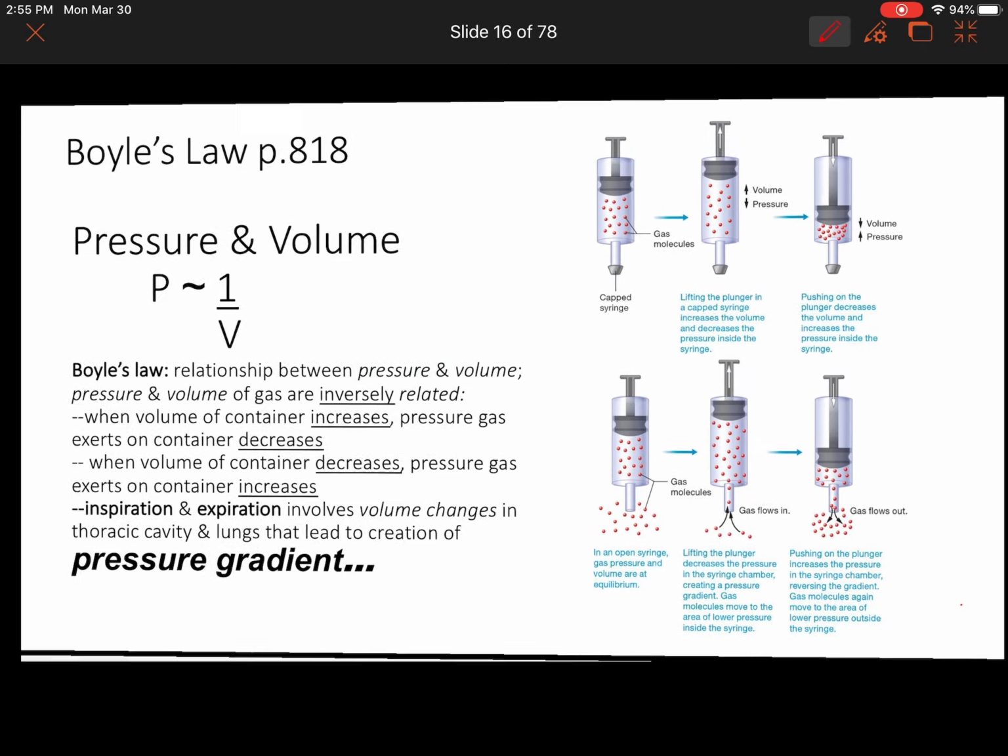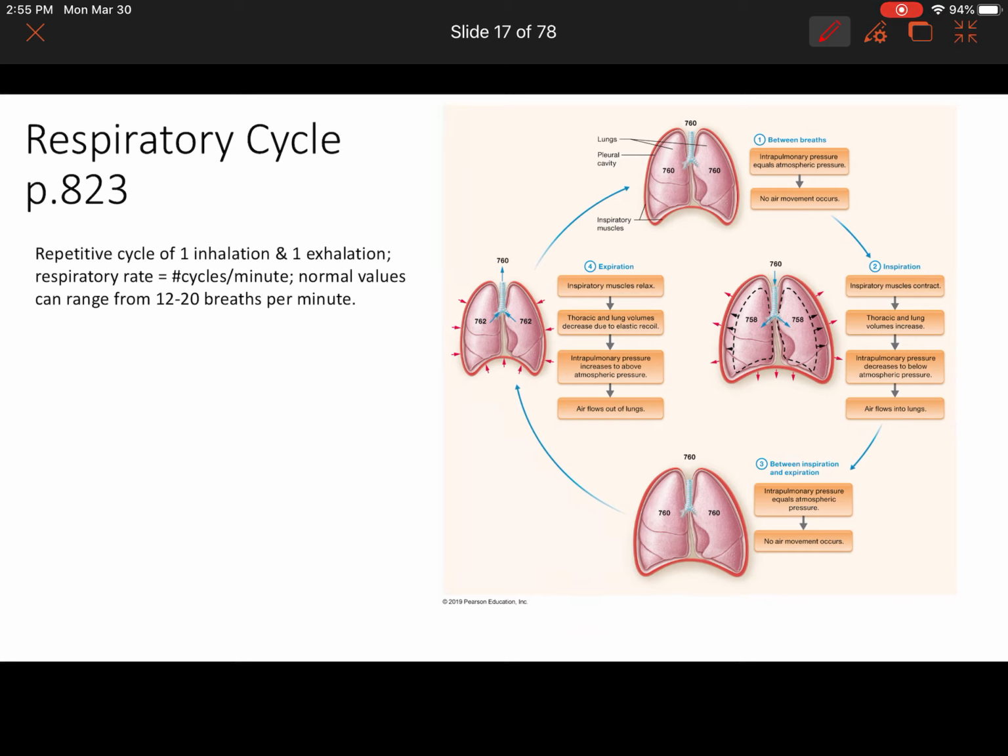All right, so let's consider these pressure changes that happen over the course of a respiratory cycle. The heart has a cycle of activity. It contracts and then it relaxes. And we call that a heartbeat or a cardiac cycle. The respiratory system also has a cycle of activity, and we call that the respiratory cycle. So the respiratory cycle consists of one inhalation followed by one exhalation of air.